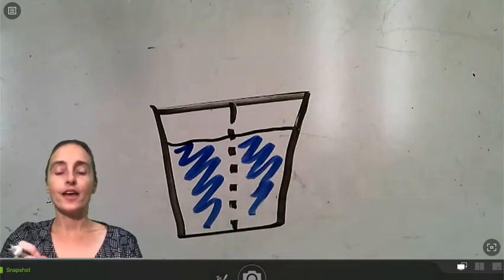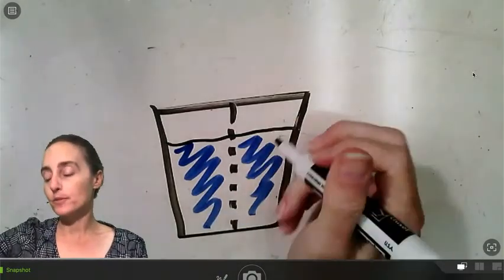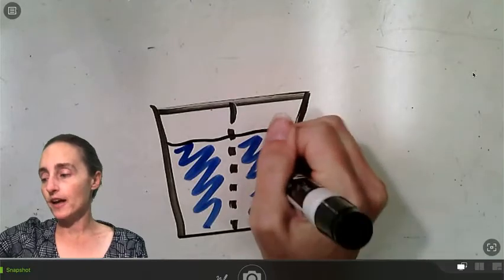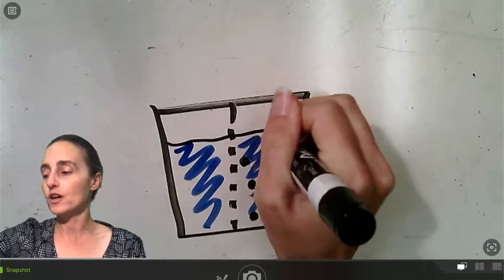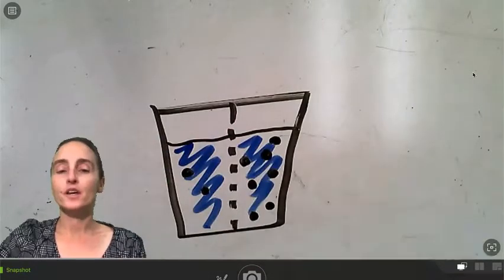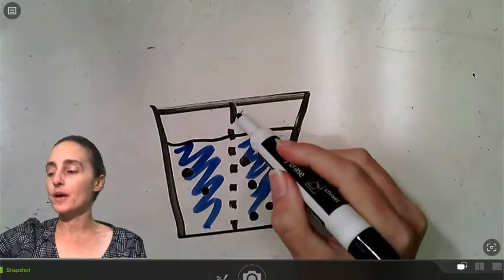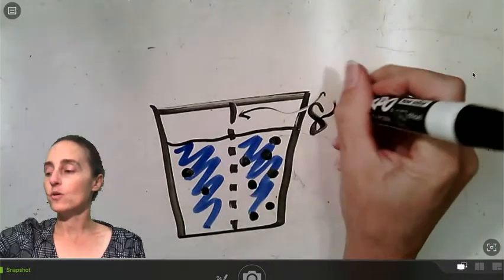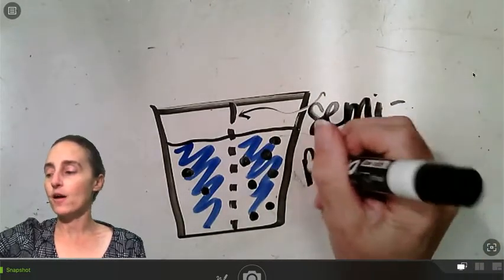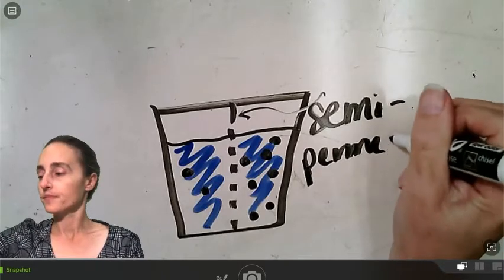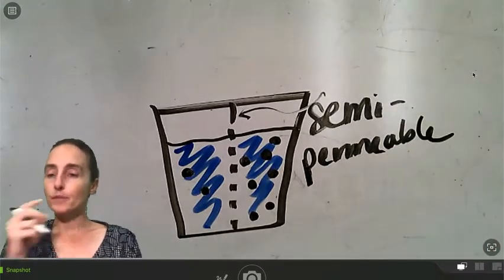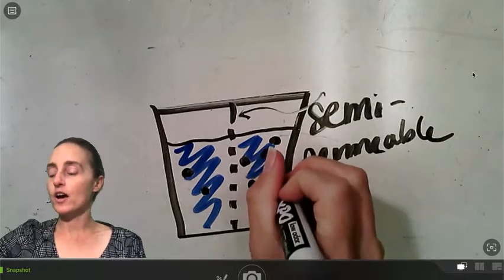Then you put in some sugar on this side, and the sugar can't cross the membrane. These little dots here are sugar molecules. This is a semi-permeable membrane, so it's only able to let some things through, like the cell membrane is. Sugar cannot cross, water can.